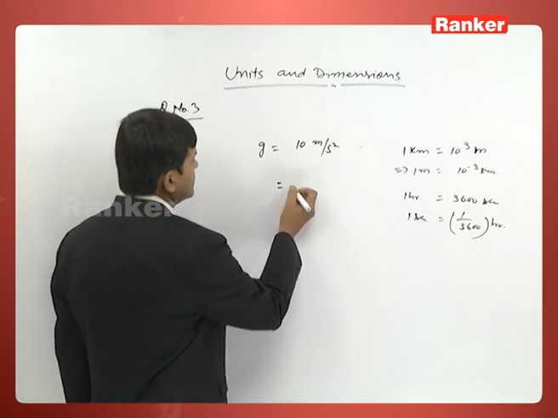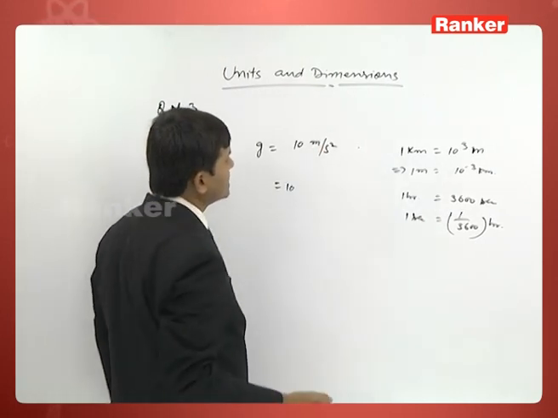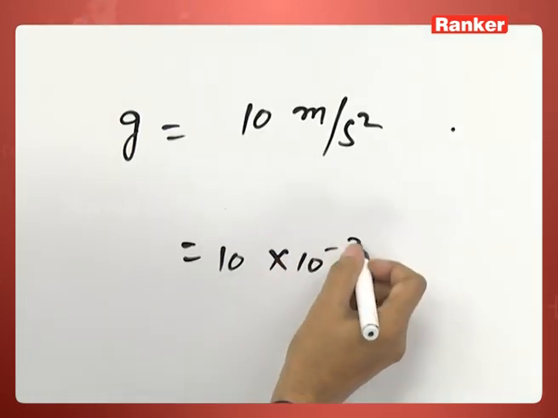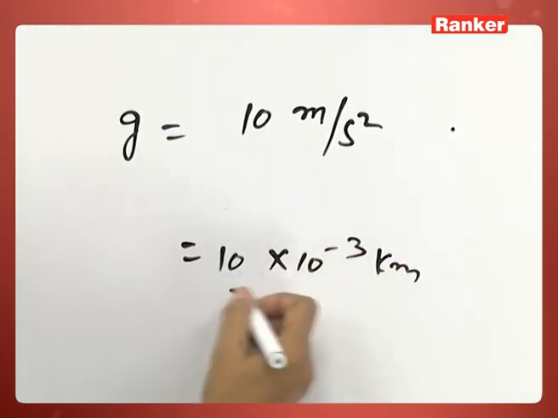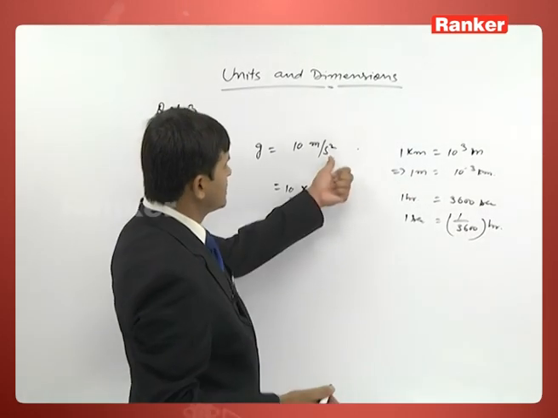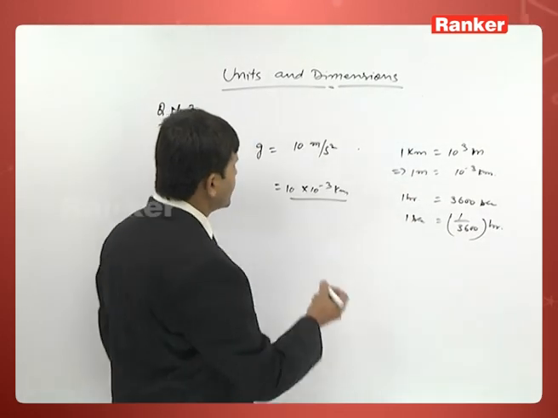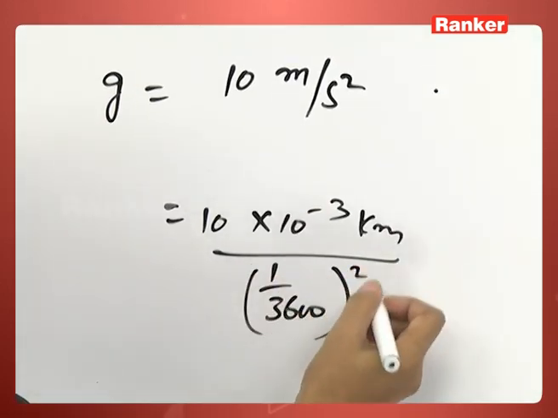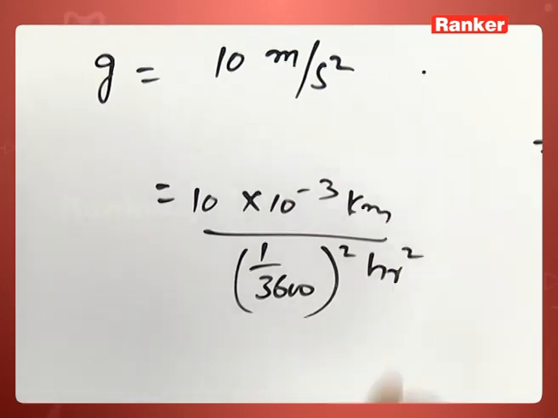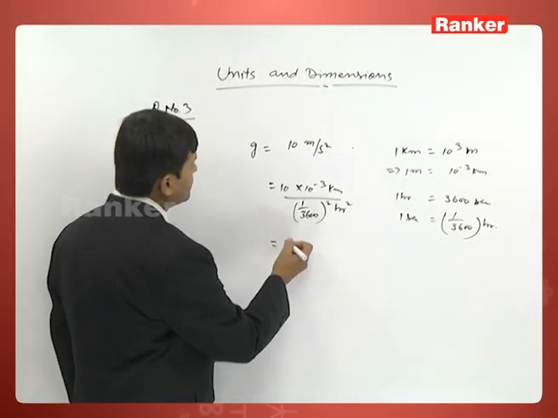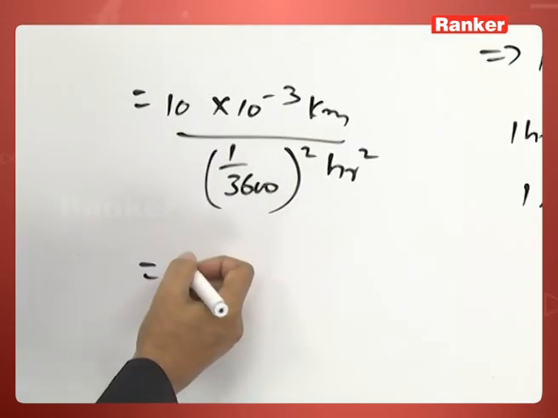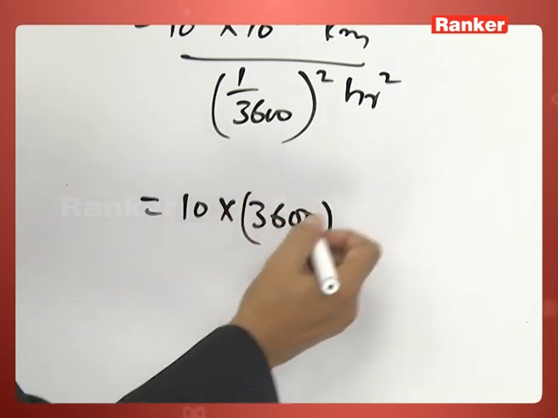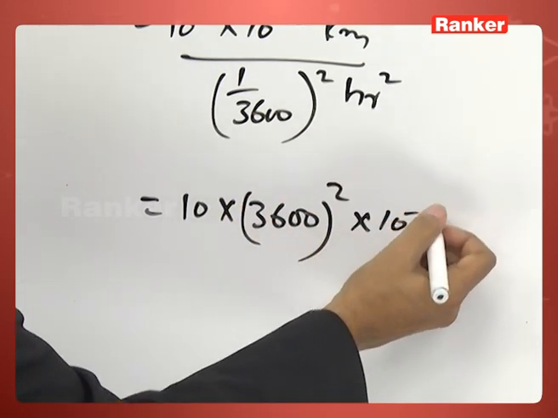So see here, this is 10. Here it is meter. So that 1 meter we can write as 10 to the power minus 3 kilometer by second square. Second square we can write as 1 by 3600 square, and this becomes hour square. Now when we are further simplifying this, 10 into 3600 square into 10 power minus 3.